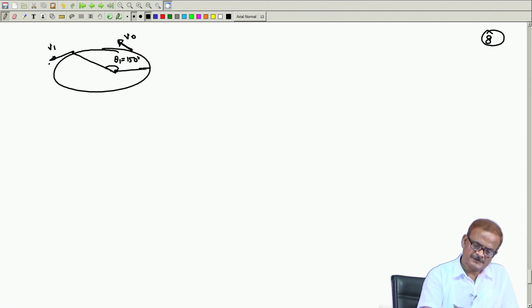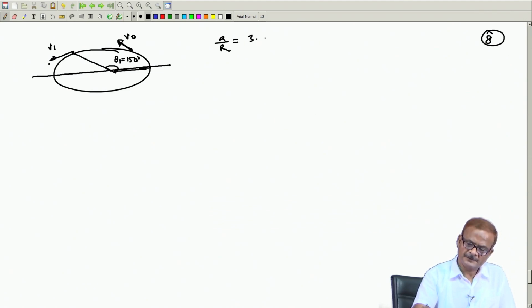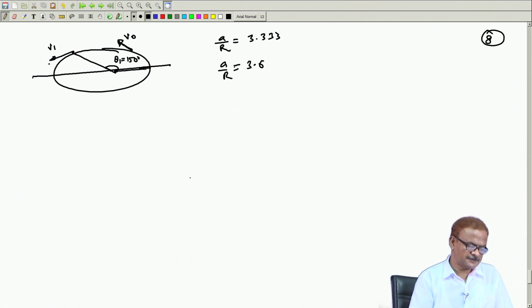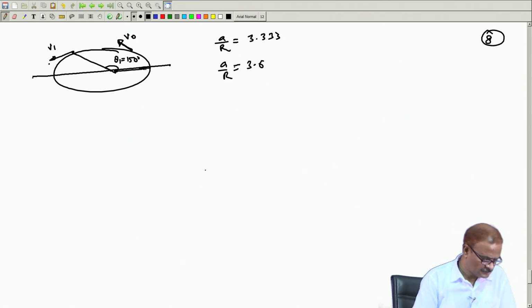So, how much velocity change is required, so that without changing the periapsis, your a by r, which was originally 3.333, gets reduced to a by r equal to 3.6. This is the question. We have to get it to 3.6.